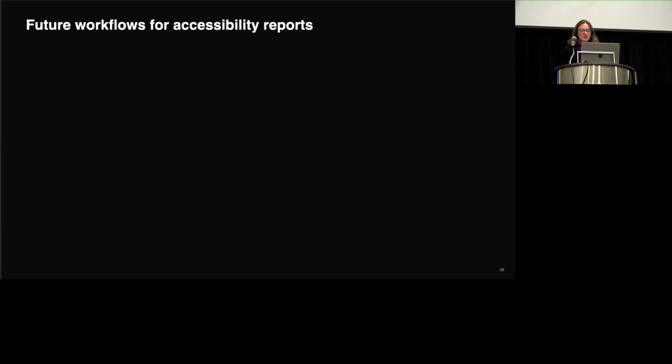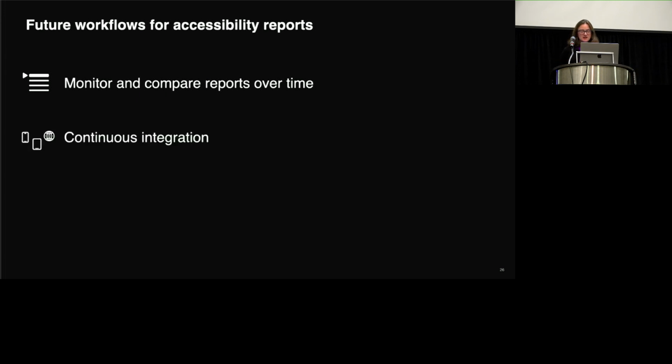And we also uncovered some findings about future workflows for accessibility reports, such as using this report over time to compare and to track the accessibility issues that are coming up, and using this in a continuous integration pipeline for very large applications can help people keep track of issues that are popping up between the test passes that they're doing when they go through and do their accessibility testing.